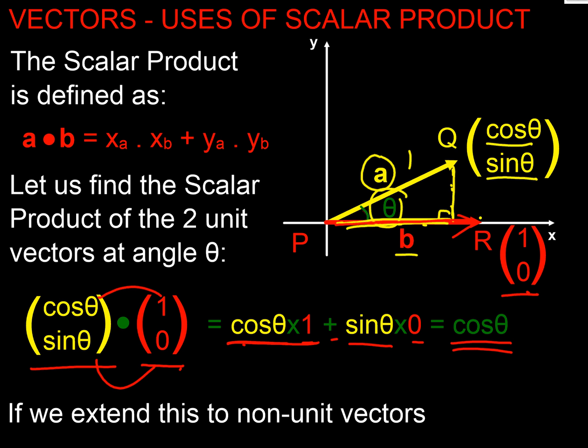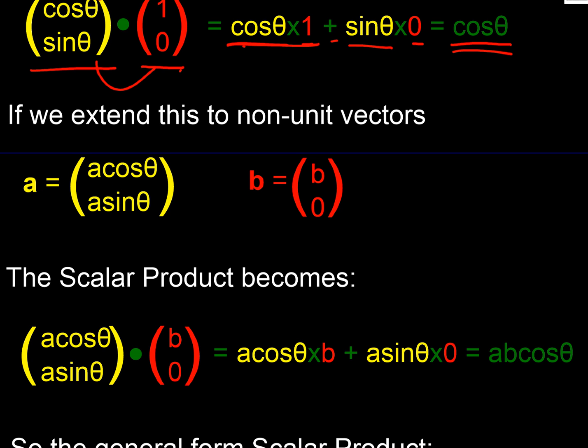And let's extend that now, rather than having unit vectors, let's make my A vector length A, but with the same direction. So I've got my x is A cos theta, my y is A sine theta. And then for my B vector, let's make the magnitude, again the scalar length, of B. So rather than being 1, 0, it's now B, 0.